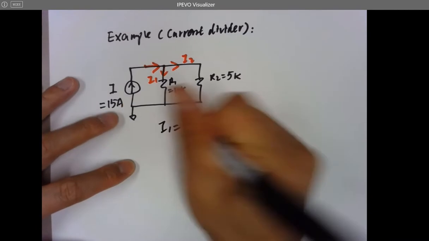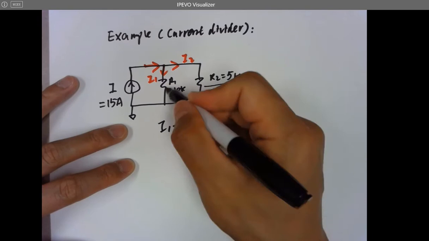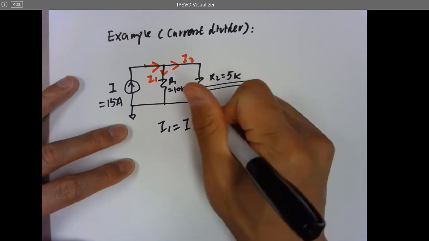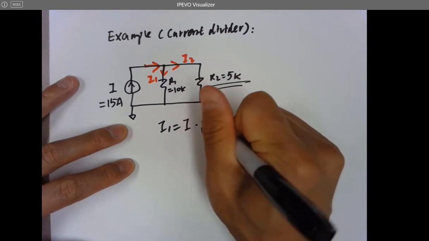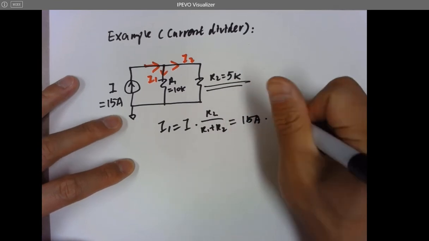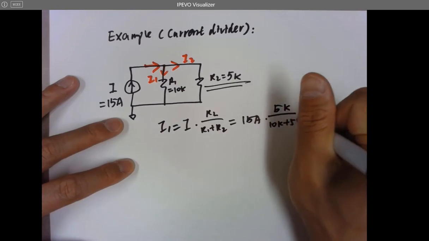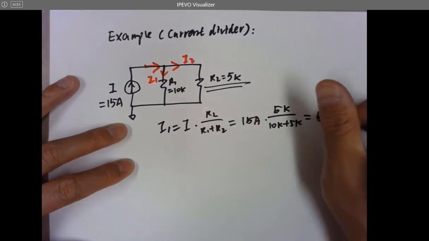So I1 equals I times R2, because for I1 you want to put R2 on the top, over R1 plus R2, which is 15 amps times 5K over 10K plus 5K. So it's going to be 5 amps.